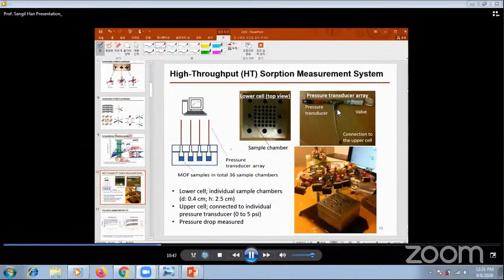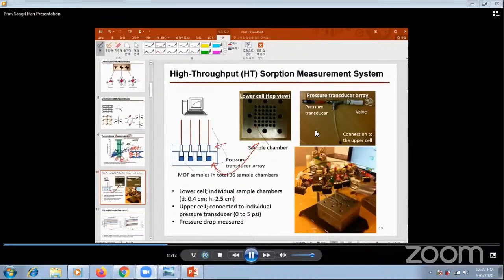In the lower chamber, samples are loaded into different sample chambers. And the upper chamber can be disassembled, because after loading the samples, it should be tightly sealed by combining the upper chamber and the lower chamber together.